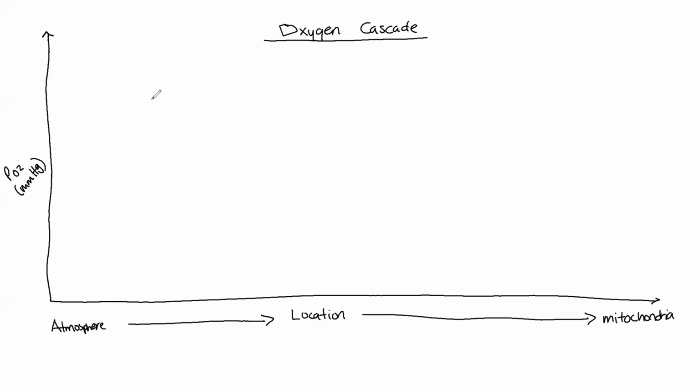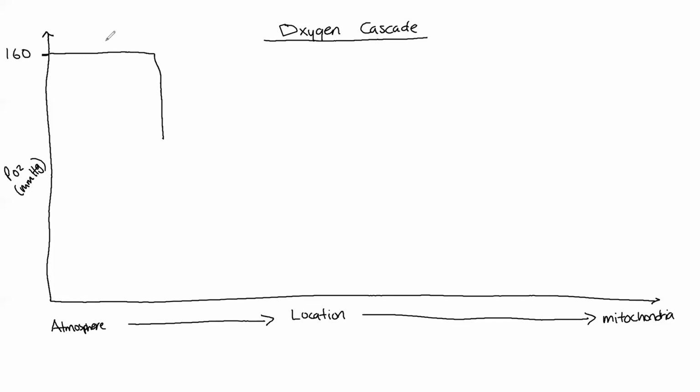Okay. So we start out with the partial pressure of oxygen being way up here at 160 millimeters of mercury. Right, that's kind of what exists out in the air. And then when we get to the alveoli, it's going to significantly drop off.